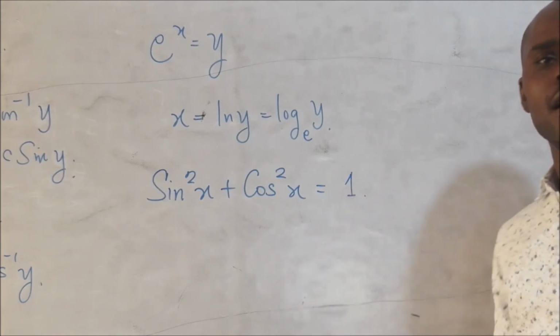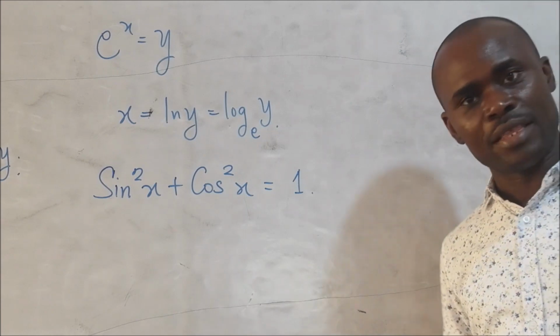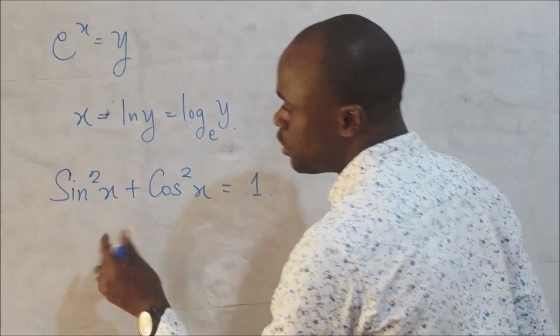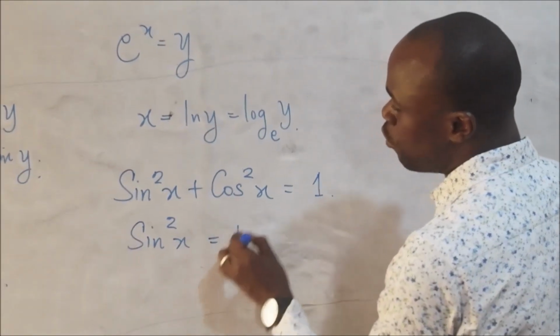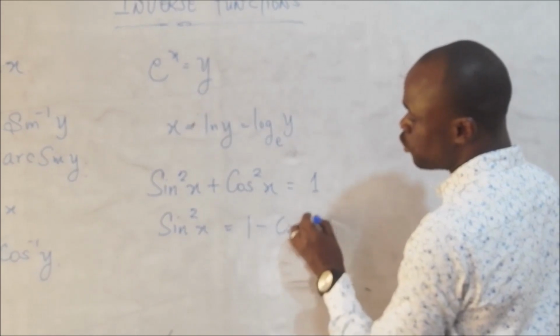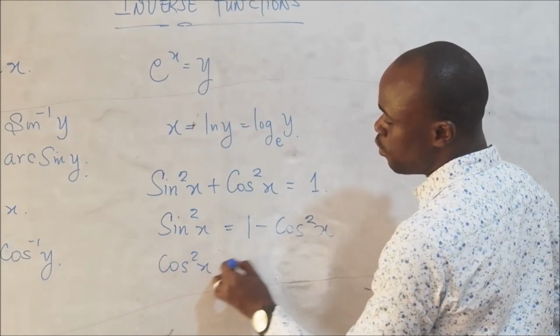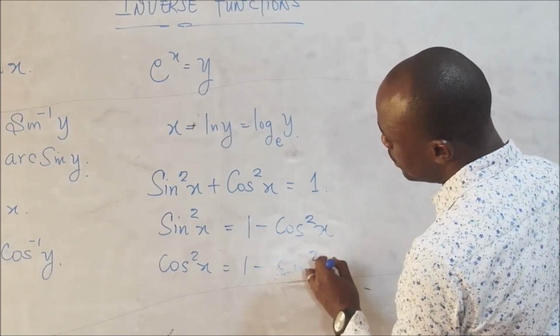That can be proven with the basic idea of the Pythagoras theorem on right-angled triangles, or in a unit circle. Now from this you see that sine square x will be equal to 1 minus cos square x, and cos square x will be equal to 1 minus sine square x.